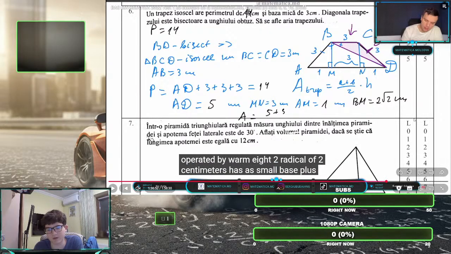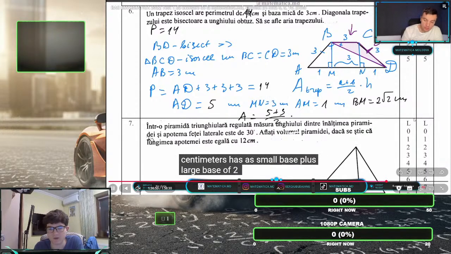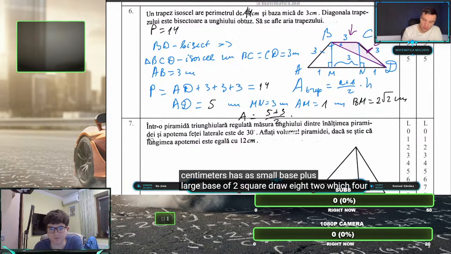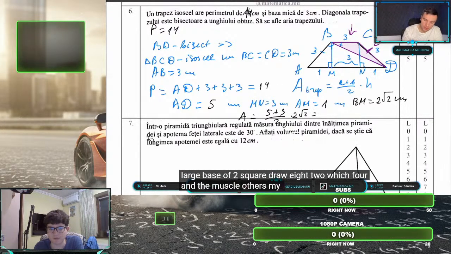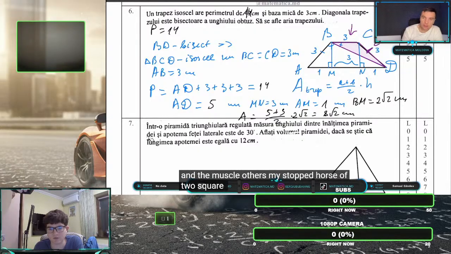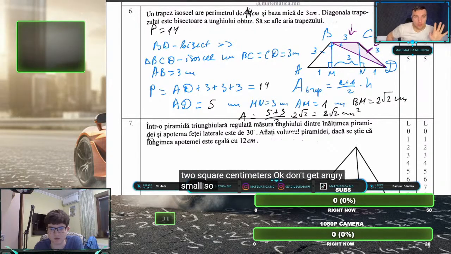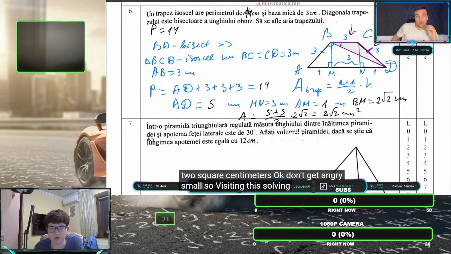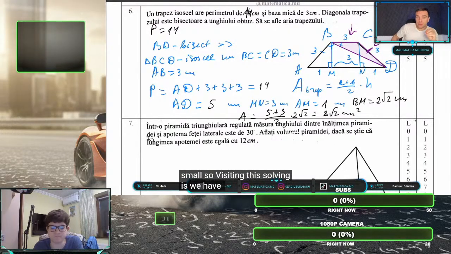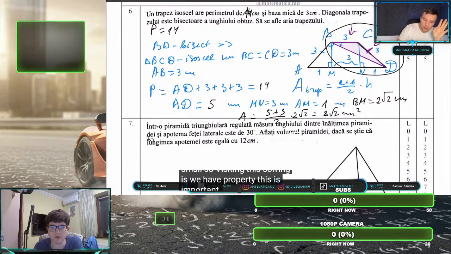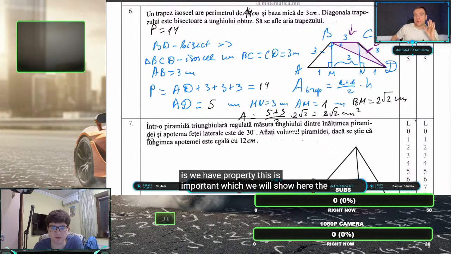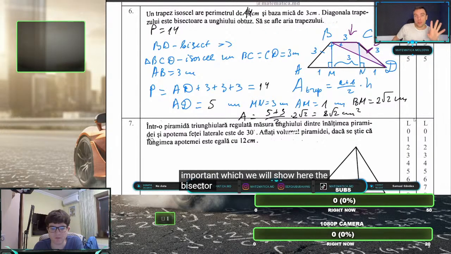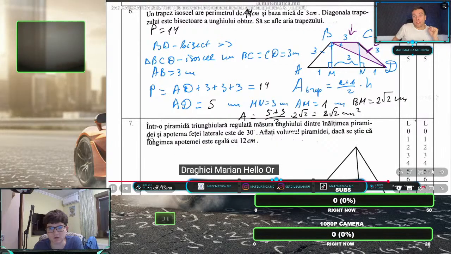Yeah, something like that. Minus 1, yeah. So you're gonna have 4 times that, so it's 8 square root of 2 centimeters squared, because it's area, and it's always at the second power. Boom.